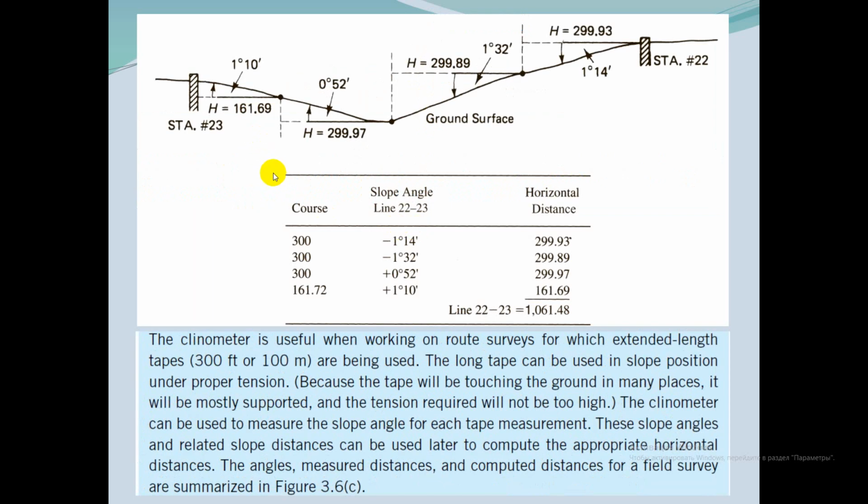Also, a clinometer is very useful when working on route surveys for which extended length tapes, 300 feet or 100 meter, are used. The long tape can be used in slope position under proper tension, because the tape will be touching the ground in many places.